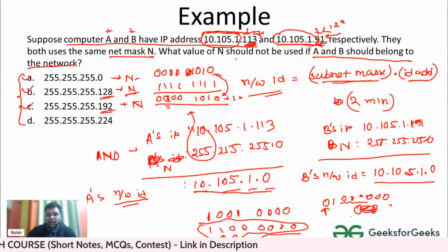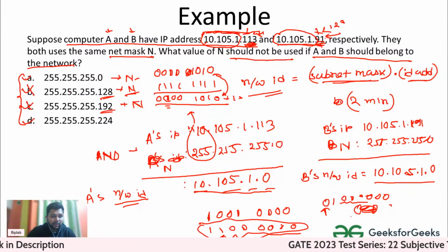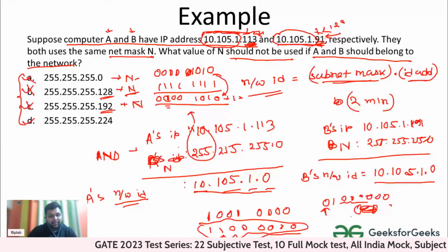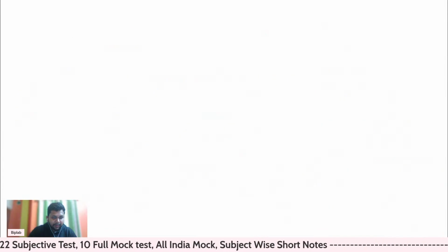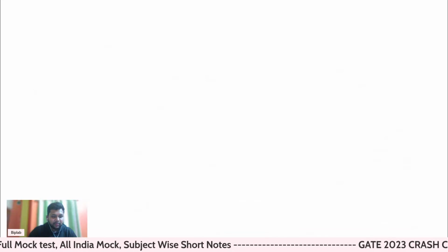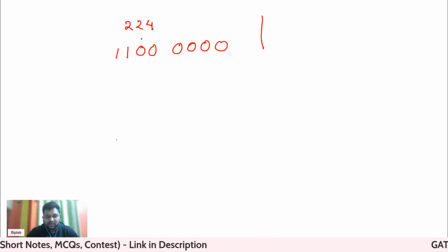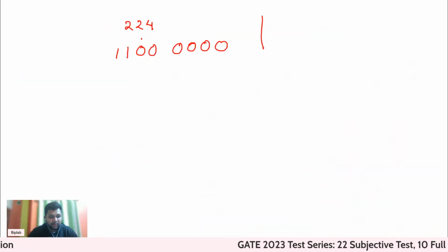And we are asked to find which should not be used. So D should not be used as our subnet mask, because you can perform it again with D the same way. If you perform it with D, the last octet is 224, which will be 1 1 1 0 0 0 0 0, and in the two IP addresses given there you have the last octet as 113 and 91.